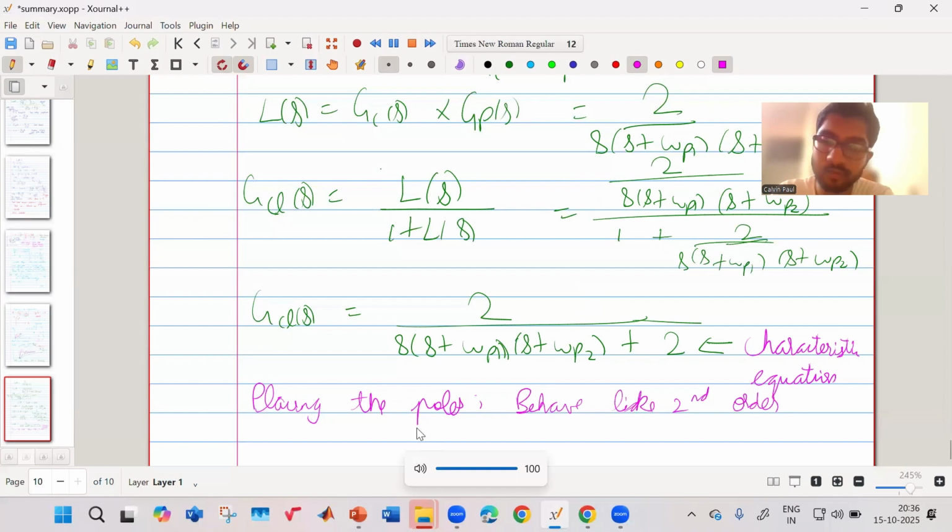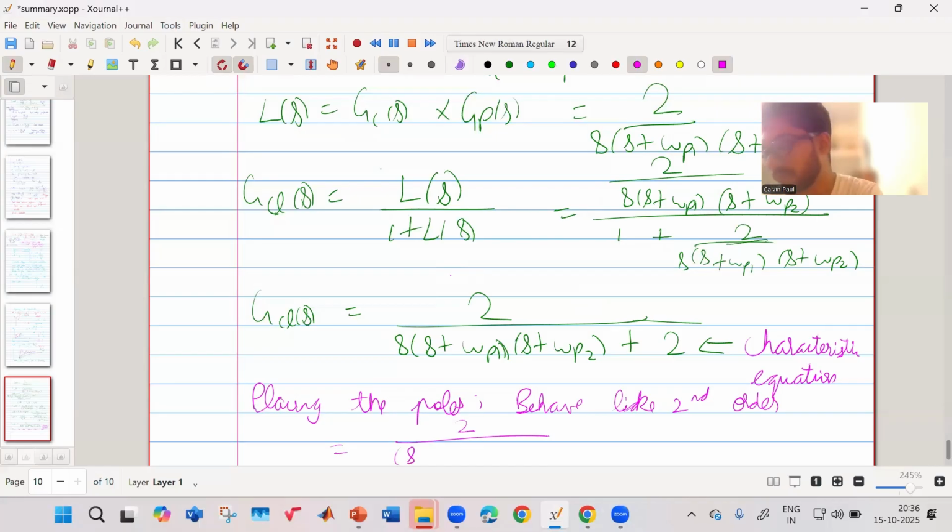Third order. Okay, it is third order. So it can be simplified into something like 2 upon (s square plus 2 zeta omega n s plus omega n square) into (s plus omega p).